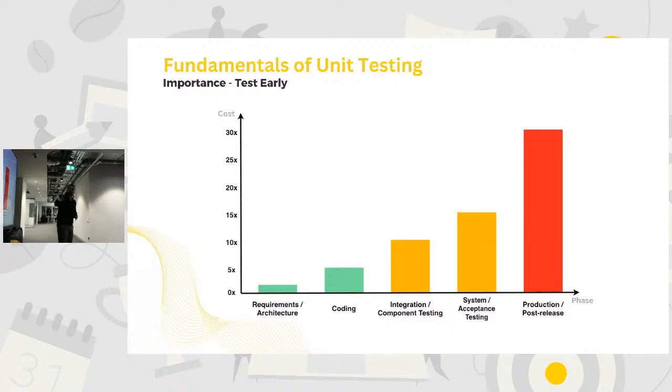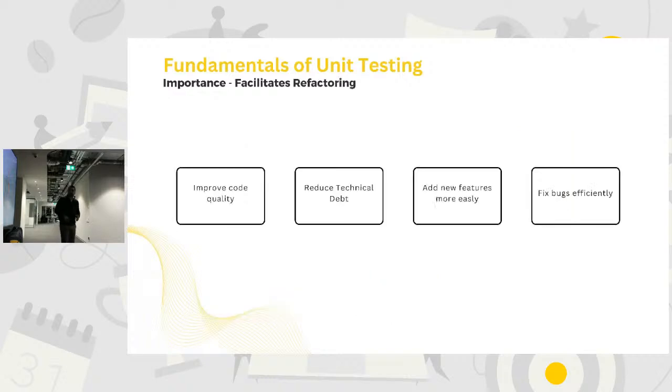You can see in the requirements and architecture phase, the cost is very low. But if you look at the production or post-release phase, it's really expensive. Here is the importance of unit tests and why we need to focus on that testing level and put high quality on this phase. Because if we find a defect in this phase, we save a lot of money and a lot of time compared with the later levels.